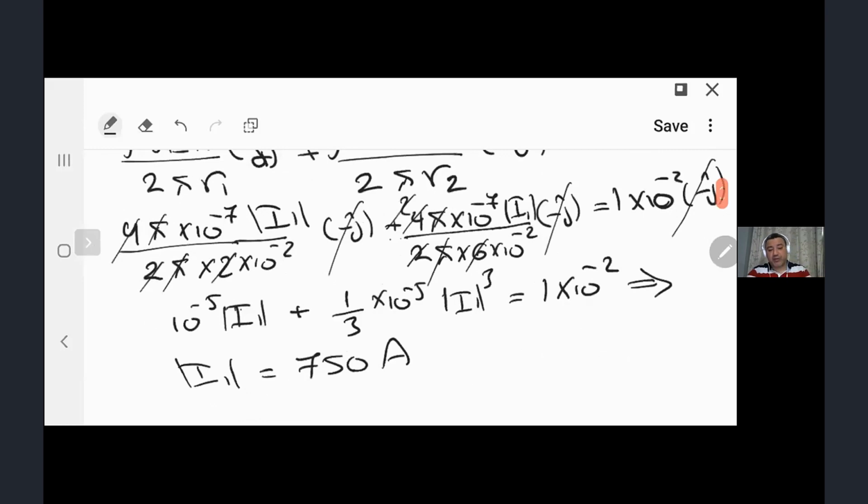I know that the magnitude of the first current equals the magnitude of the second current. That's why I replaced I2 magnitude with I1 magnitude. And then I worked out this equation. And there is how we found the current.